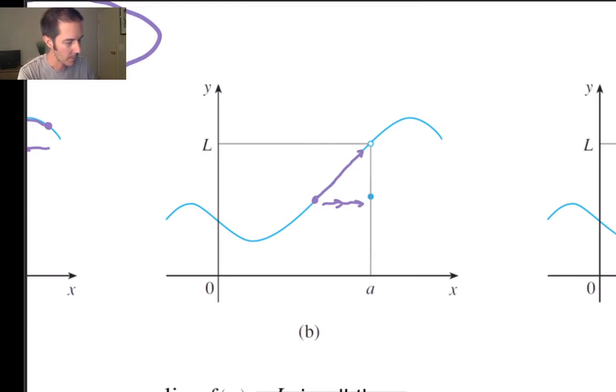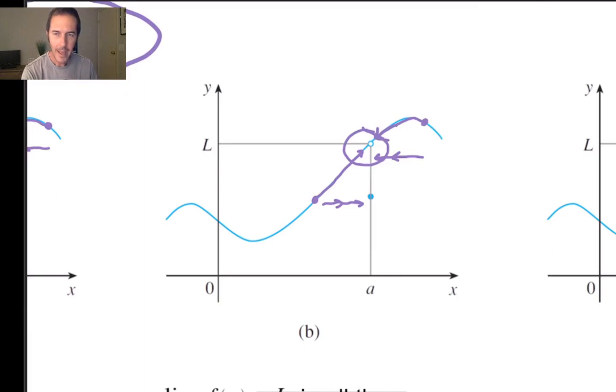And if we hop onto the curve over here to the right, and we start pushing that point to the left so that the x values are approaching a from the right, we find that this point comes sliding in here, and as our x values get really close to a from the right, our point on this blue curve is getting really close to that point that has a y value of L again. Whether we come at it from the left or from the right, we end up with y values that are approaching L.